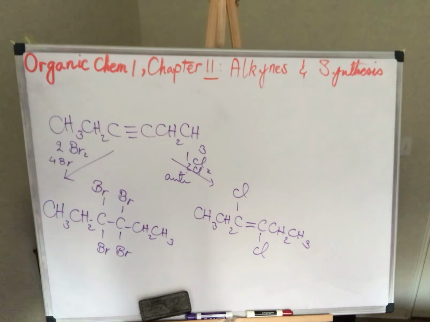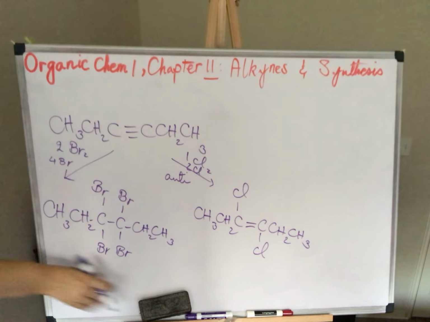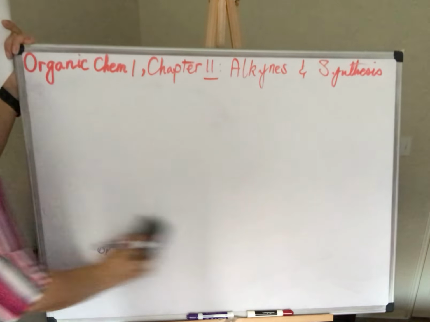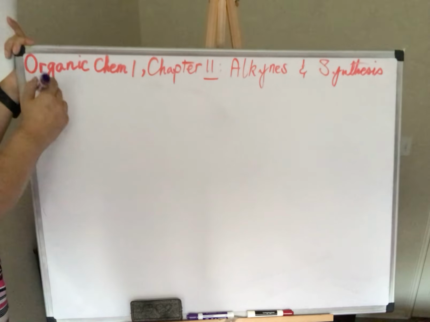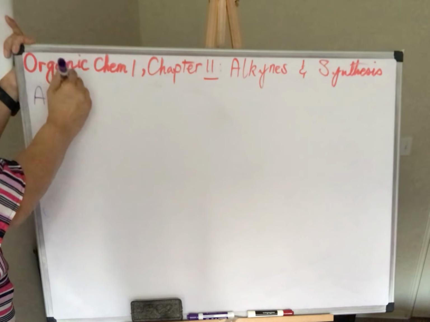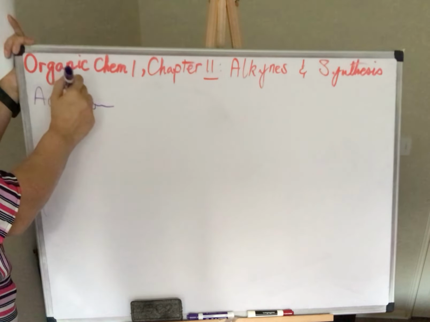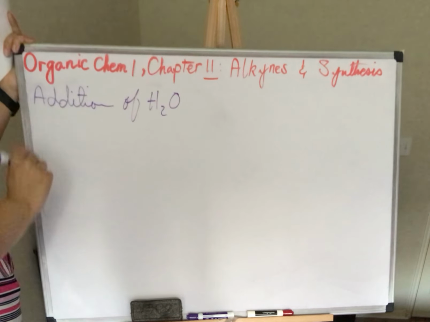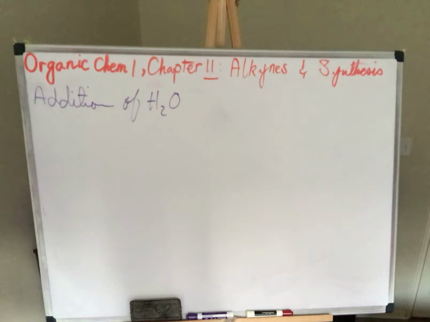That's what it means. All right, the big difference between the reactions of alkenes and alkynes is addition of water to them. I told you there are 2 different types of addition of water.